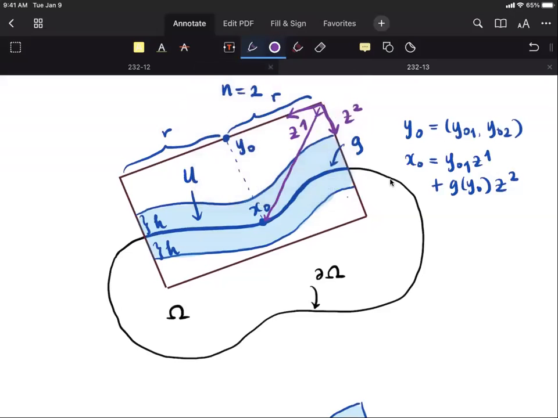So this lower portion here, you can think of this as g plus h, and here you can think of this as g minus h, because here our orientation is with respect to this coordinate system. So this would be U intersection omega, and this would be U intersection omega complement.